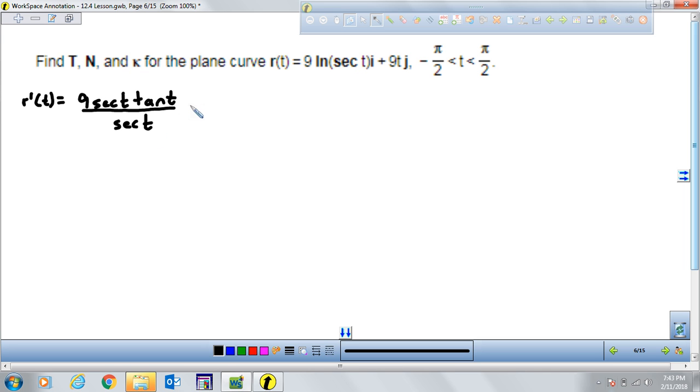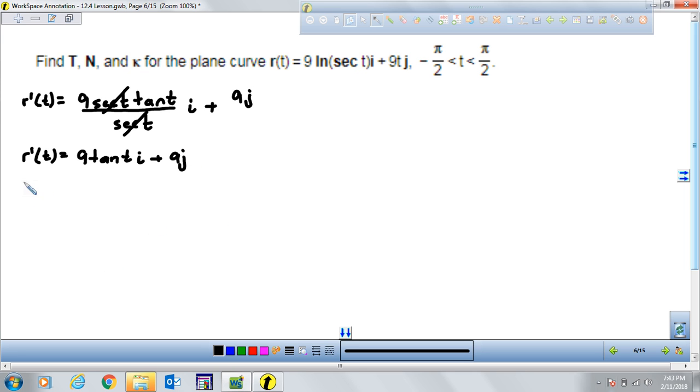Okay, and that's going to be my i component, plus the derivative of 9t, which is 9, and that is my j component. Now we need to find the magnitude. Well, before we do that, we can simplify this. So the derivative of the position vector of this particle, this plane curve, is going to be 9 tangent of t i plus 9 j.